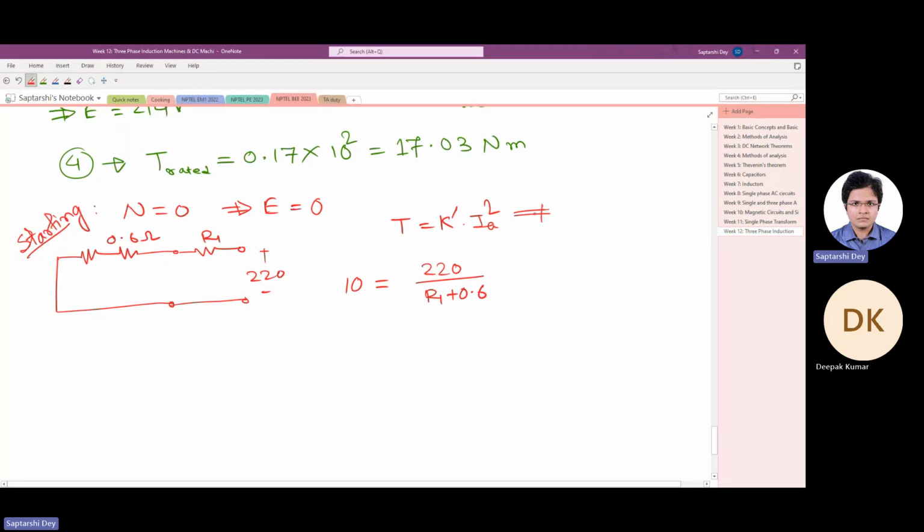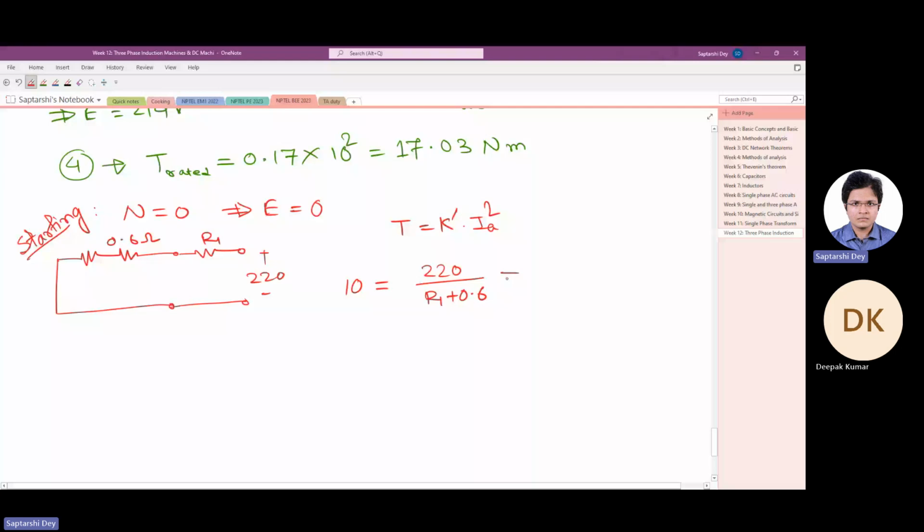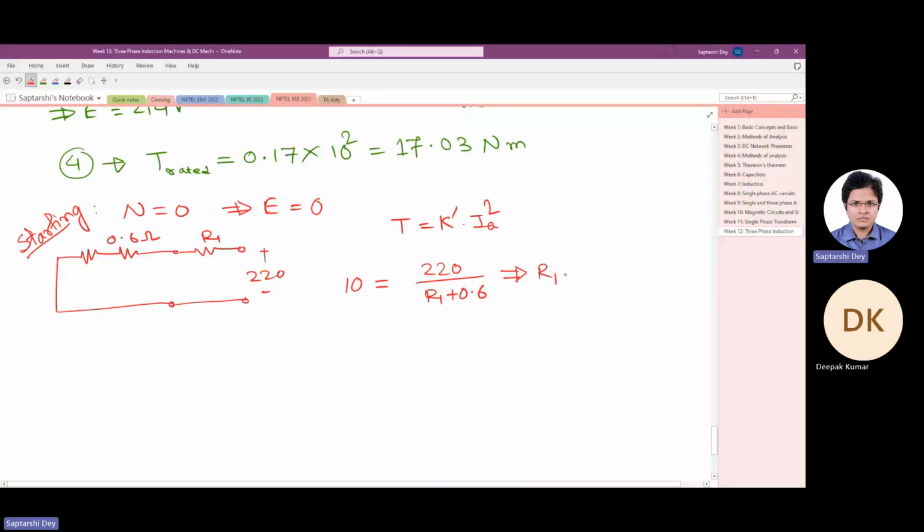So even at starting, if we need rated torque, we will have to let the rated current flow. Now, if you solve this, you should get R1 as 22 minus 0.6, right? Which is 21.4 ohm. Looks like we need not have had to calculate this one, but anyway, this is one.